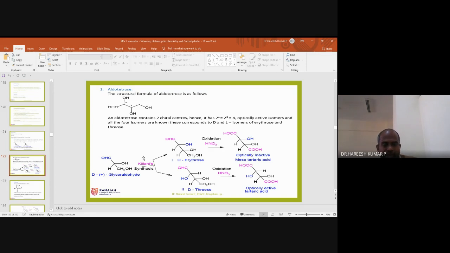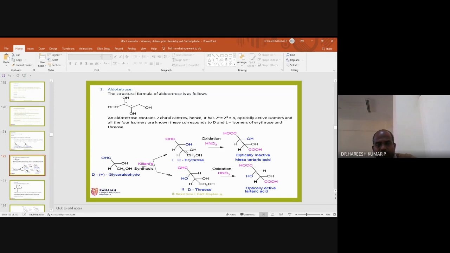That cyano is hydrolyzed to acid. The acid is esterified, and the ester is reduced to get the newly formed aldehyde. The already present CHO is converted into OH. Suppose OH is coming on the right hand side, erythrose is formed. If the OH is coming on the left hand side, threose is formed.